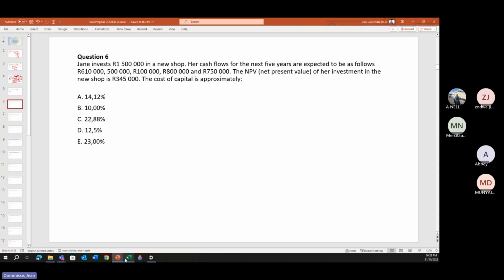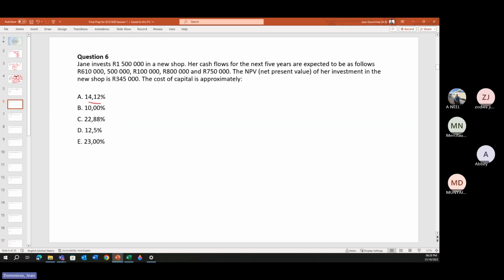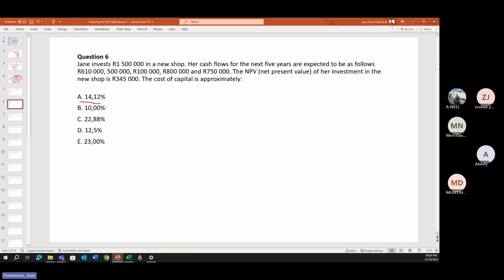So that was 14.12, or 14.12. See, in both answers there was a 14.12, but with the IRR you can't really get to that. But with this one, they've put in the 22.88 as well.